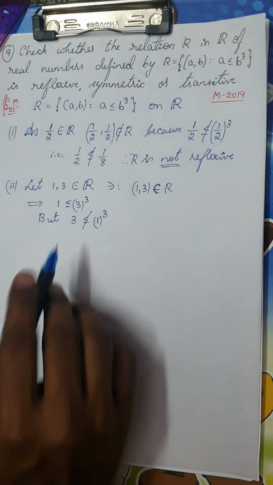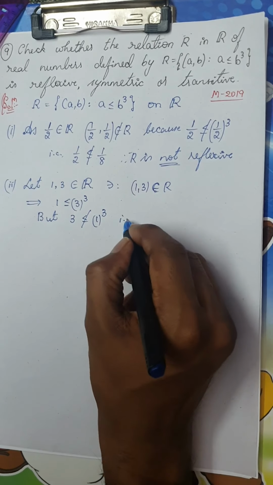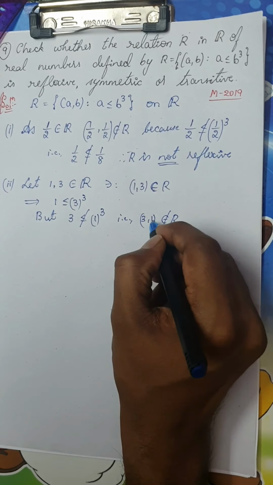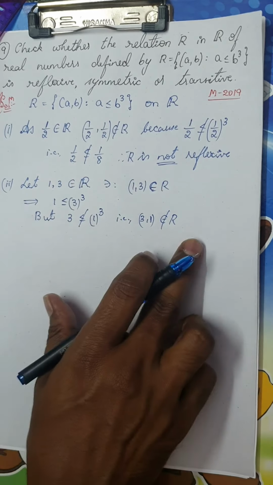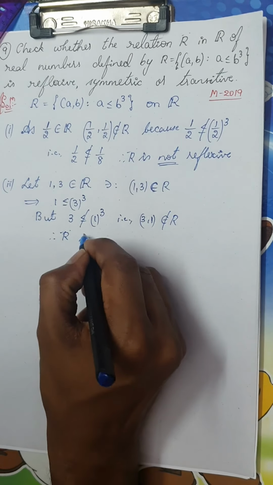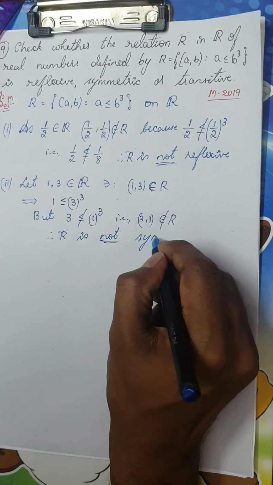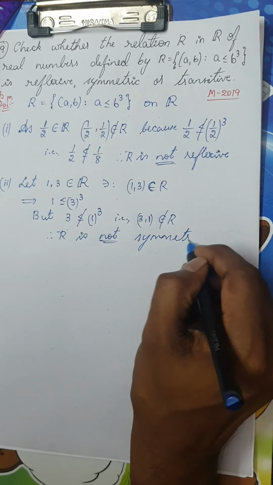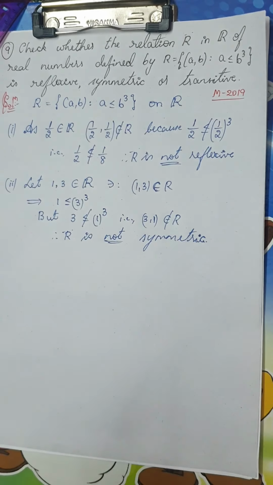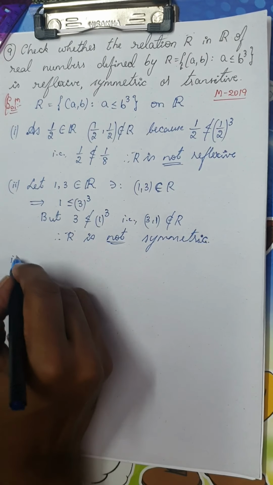Definitely no, because 1 cube is actually 1 only, and 3 is greater than 1. That is, (3, 1) does not belong to R. So (1, 3) belongs to R, but (3, 1) does not belong to R. Therefore, I will write R is not symmetric. Are you following? Okay, so let's go to the third one.